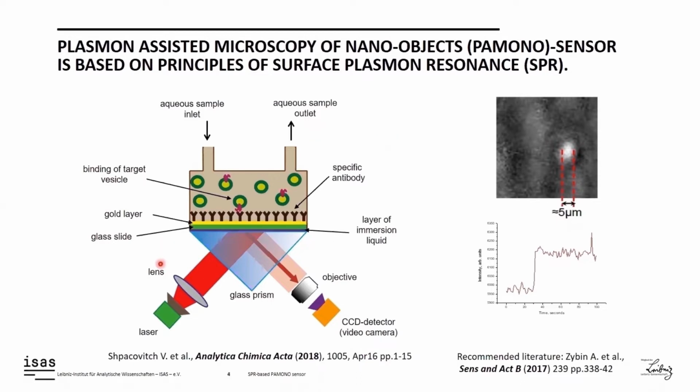In this scheme, a p-polarized incident laser beam passes through the glass prism coated with a gold thin film. And thus, the beam can be reflected and detected by a CCD camera.